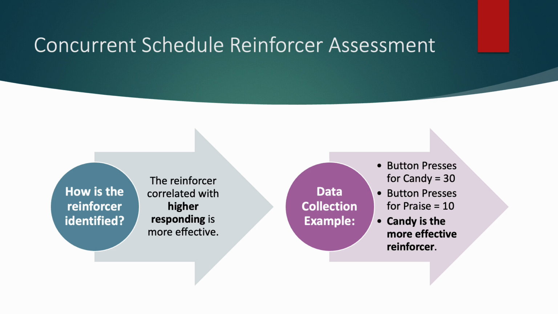So here are some more examples. So how is the reinforcer identified? The reinforcer correlated with higher responding is the most effective, or is more effective. Here is an example. So let's say that the behavior in this particular case is button pressing for candy or button pressing for praise, and both of those are simultaneously available. You can button press on one side and get candy, or you can button press on the other side and get praise.